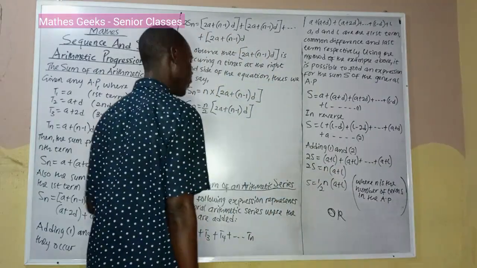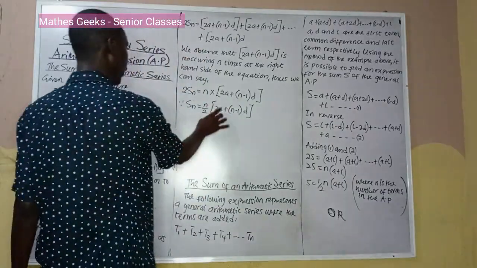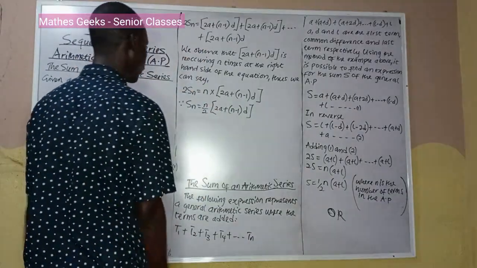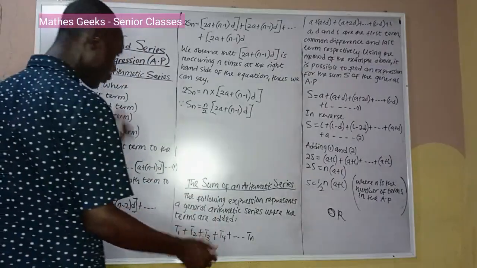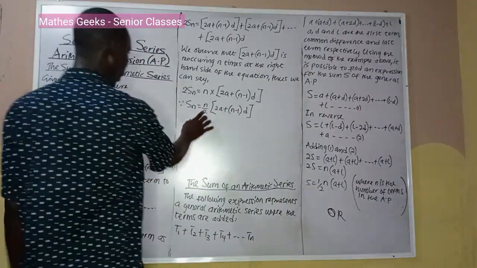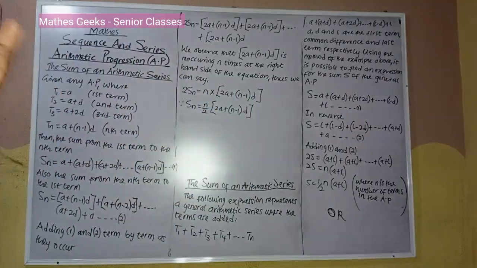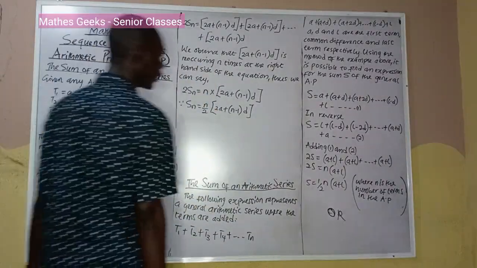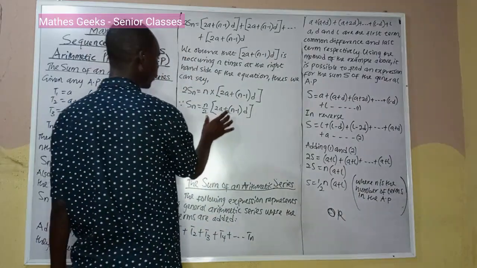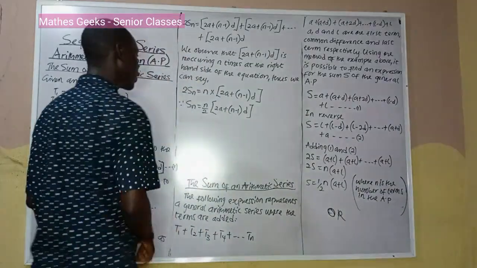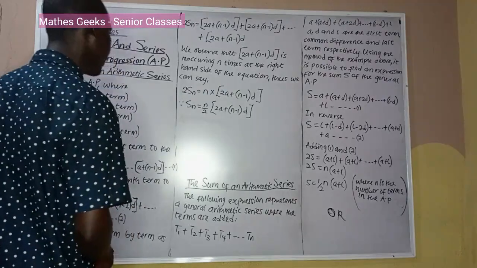But if the last term of the series is not given, then this is the formula to be used. So when the last term is not given, this is the formula that you need to use to get the sum of an arithmetic series.